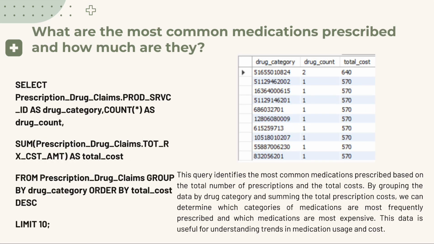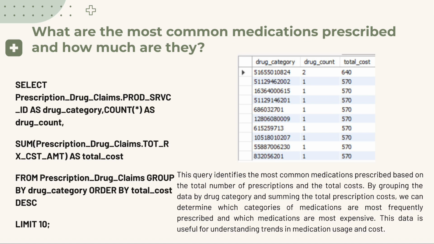This query identifies the most commonly prescribed medications based on both the number of prescriptions and the total cost. In the query itself, the PROD service ID column represents the drug category, which will represent the type of medication being prescribed.